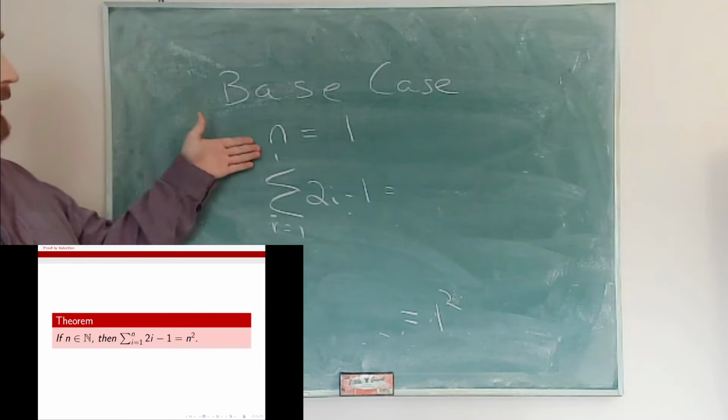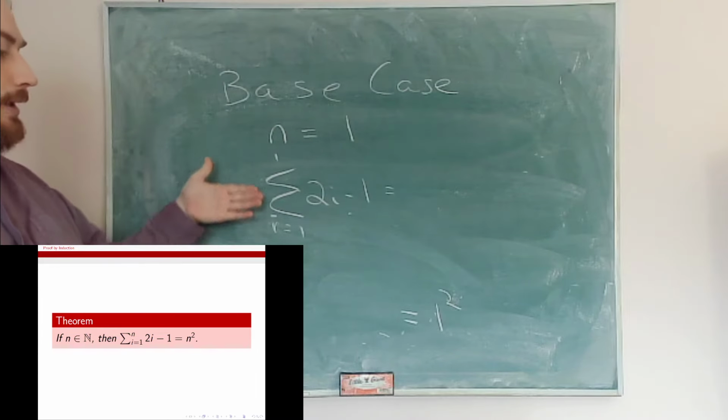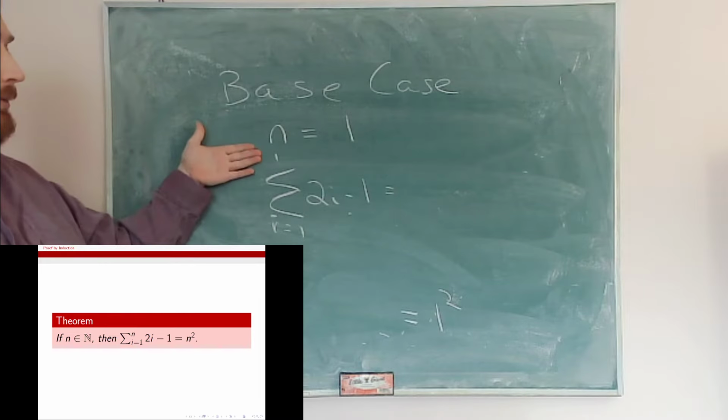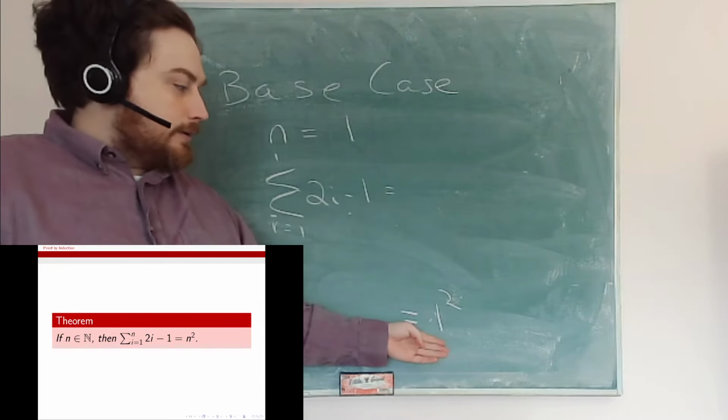So the point here is, okay, I'm picking the first case out. I let n equal 1. So I'm finding the sum from 1 to 1 of 2i minus 1. And I want to show that that's equal to 1 squared.